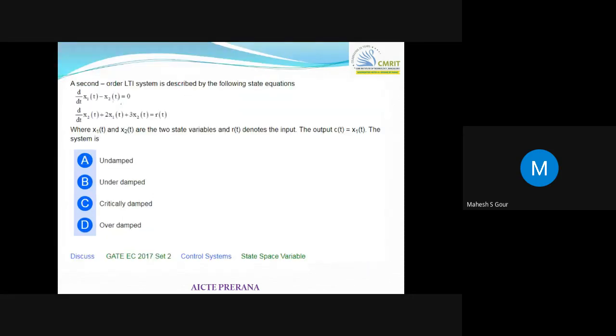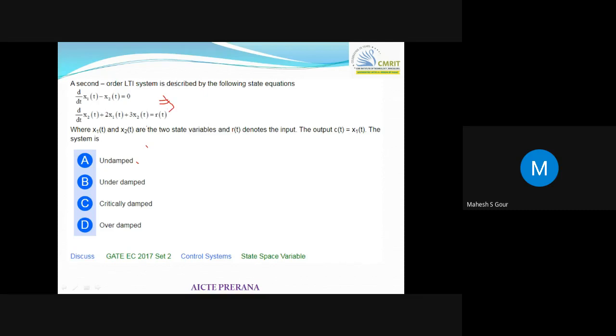So now I told you, using this state space analysis, you can determine stability also, right? And you can define whether the system is underdamped, undamped, critically damped, or overdamped. Right? So now how to write this equation?